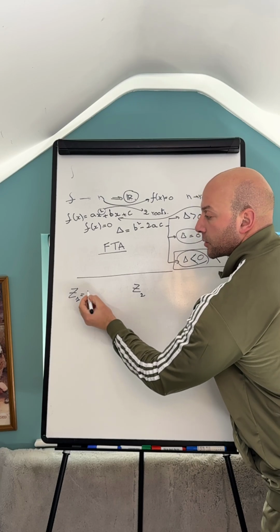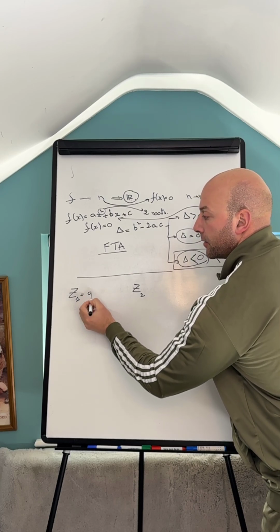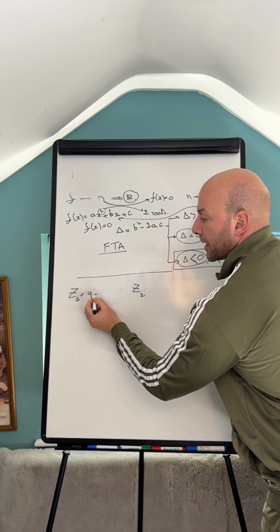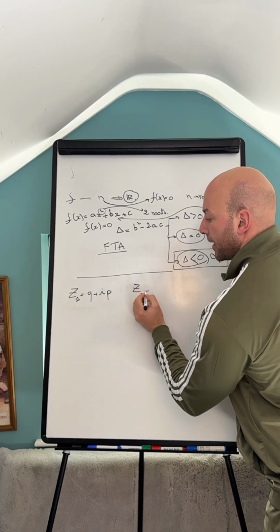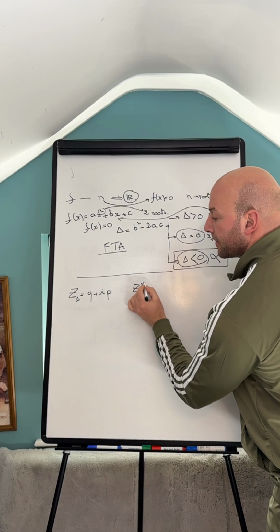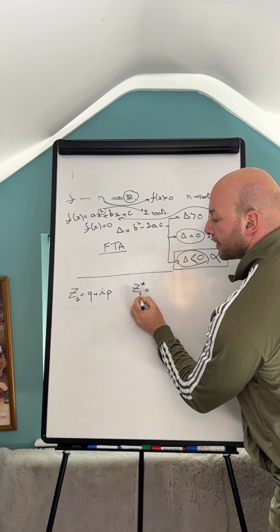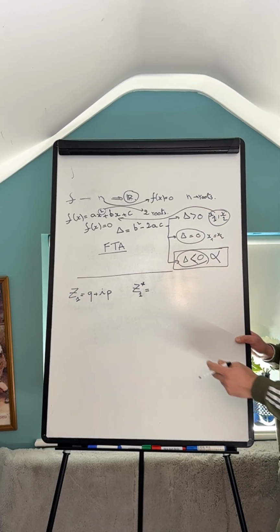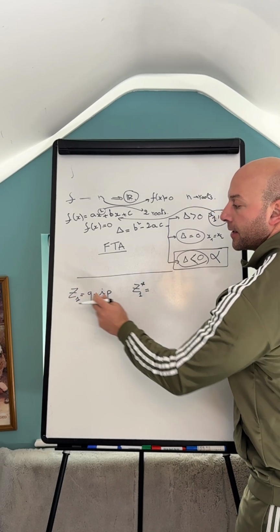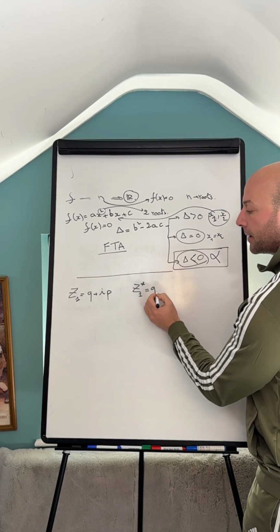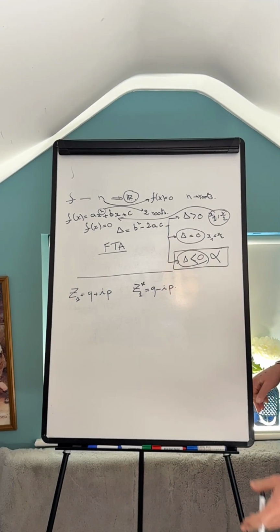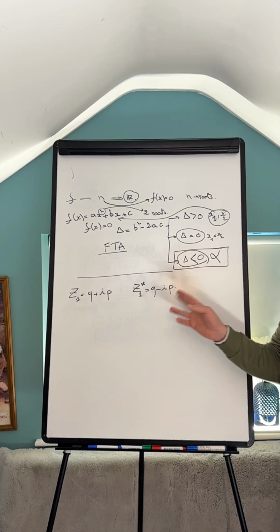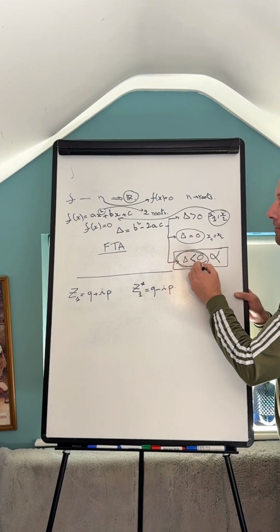Z1 can be written this way, let's say q plus i p, and z2 is the conjugate, if you remember, of this number, which is going to be q minus i p. So z1 and z2 are conjugates if delta is negative.